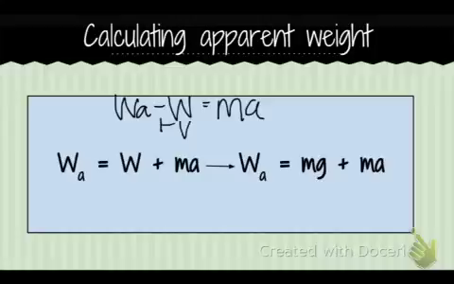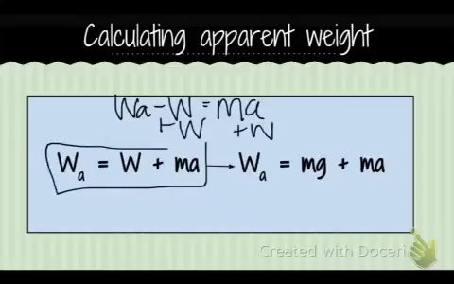So what we've done here is we've added weight to both sides, and that has given us this equation, where your apparent weight is equal to your weight plus mass times acceleration. As we said before, your weight is really just that force of gravity that you feel, so we can substitute that with your mass times gravity, the acceleration due to gravity. So we have your apparent weight equals your mass times the gravitational acceleration plus your mass times acceleration.